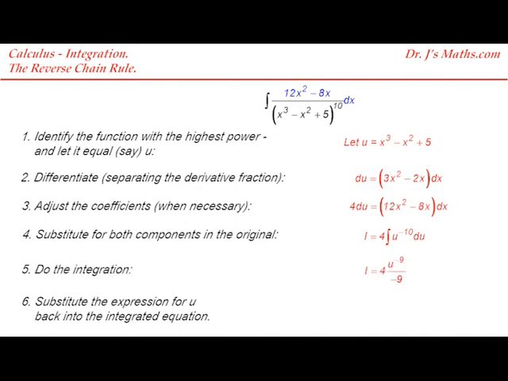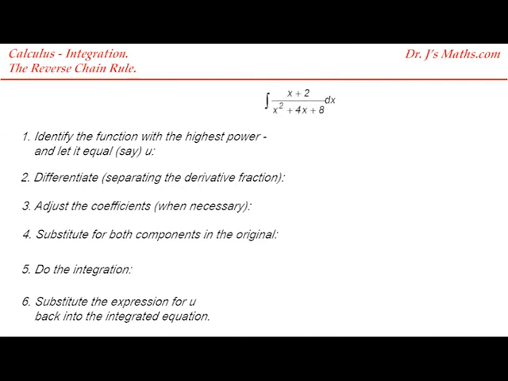Then we can integrate that, so it's 4 u to the minus 9 over minus 9. And then we substitute back from the u to the x terms, and the integral is equal to minus 4 over 9, x cubed minus x squared plus 5, all to the 9th, plus the constant c.